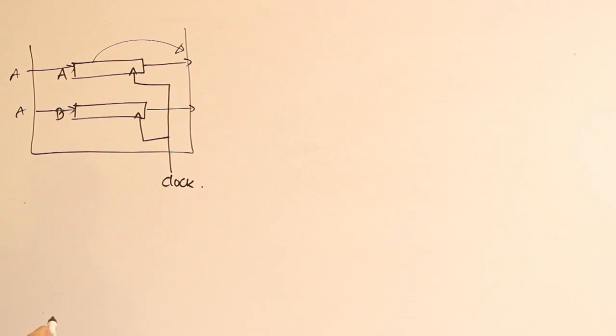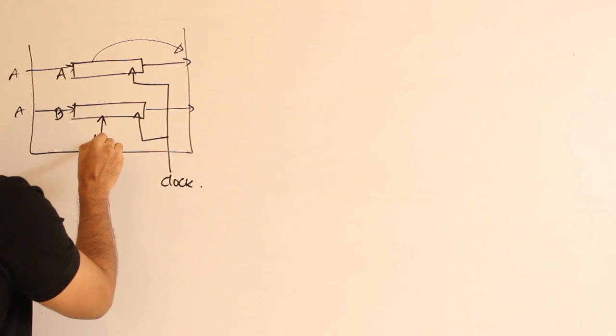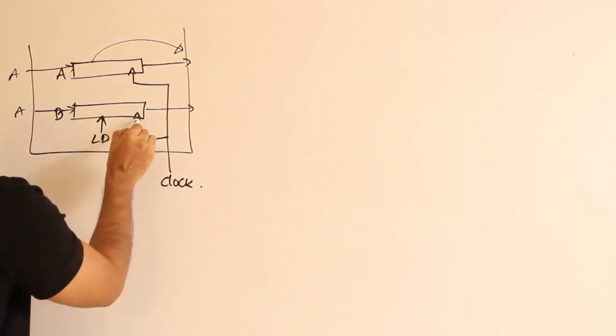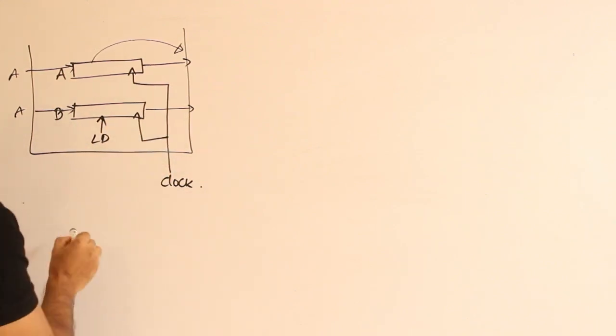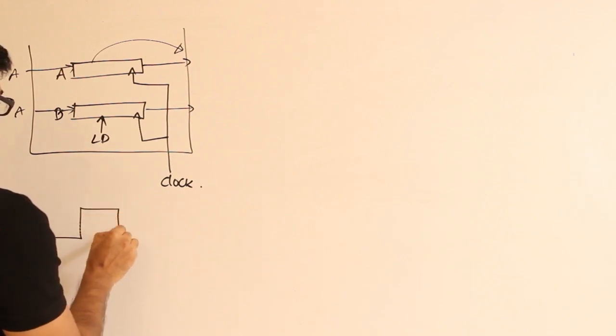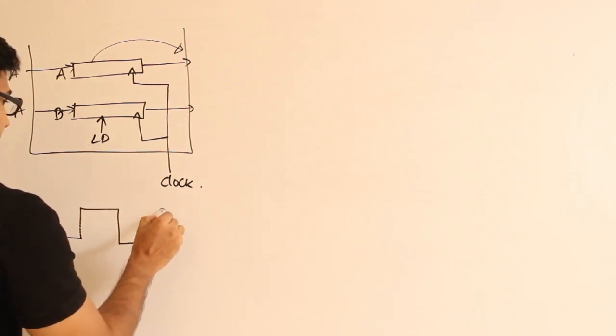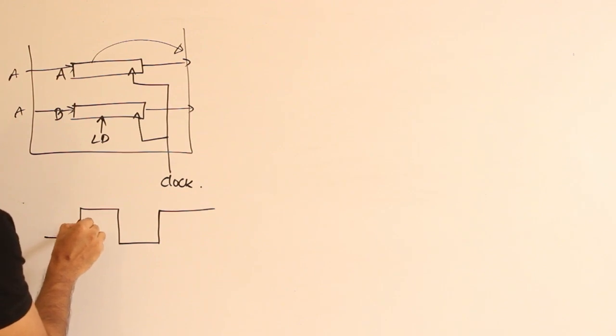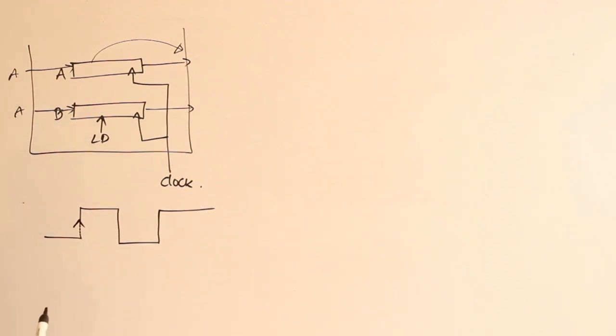Now at this time if you apply the load input, then exactly at this particular point, whenever there is a positive edge, this particular transaction, or this particular loading, will happen.